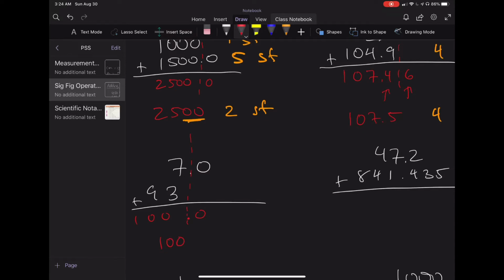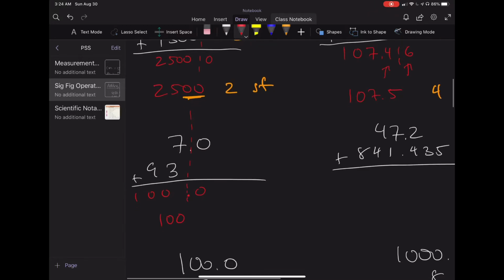Now this is an interesting thing where if I just leave it as 100, that implies only 1 sig fig. So sometimes what we might do is just put a decimal right there to tell everyone else that's viewing our work that we actually have and wanted 3 sig figs, which is the correct answer here.